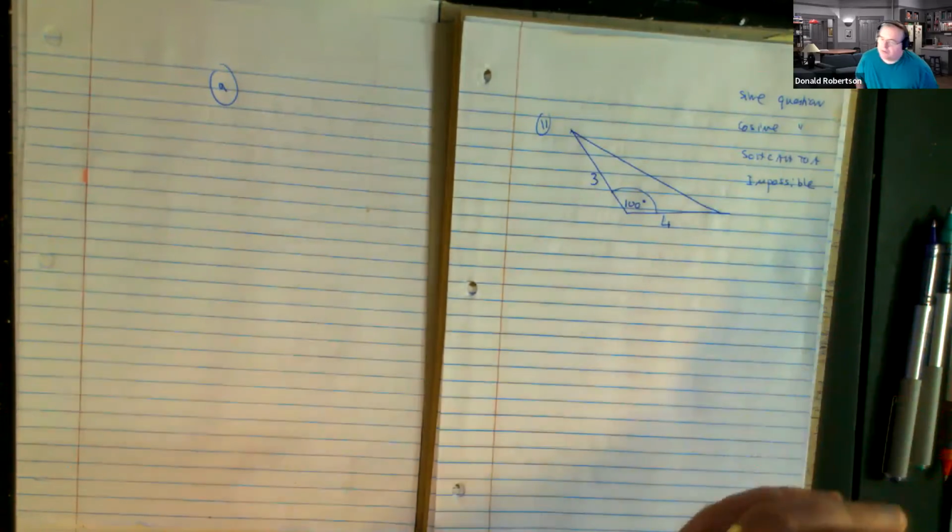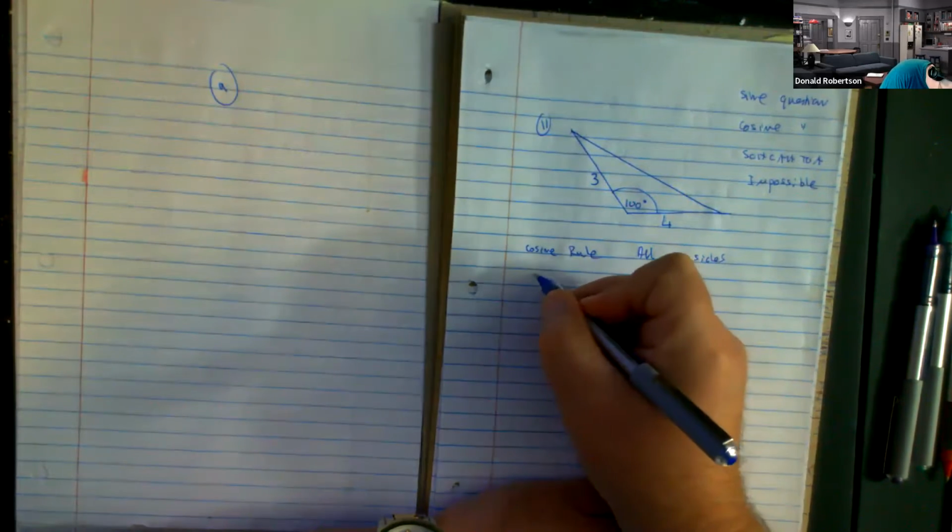It's a little bit trickier for the sines and the cosines because they look very similar in situations. So here are the rules for the cosine. You will use the cosine rule when you know all 3 sides. You will use the cosine rule when you know 2 sides, as we have here, and the angle between those 2 sides.